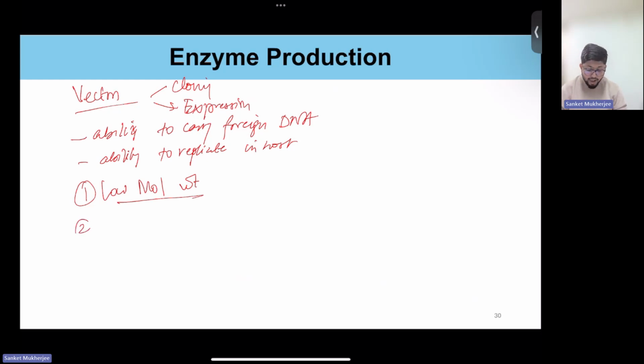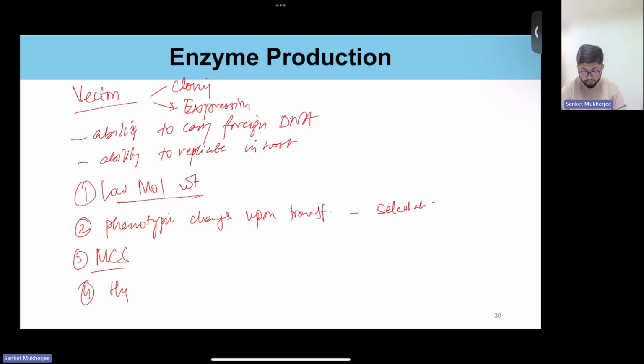It should give some phenotypic changes upon transformation. For this, we have the selectable markers, the antibiotic resistance genes, and all this kind of concepts. It should have a multiple cloning site where you will clone your insert, and it should also have a high copy number.